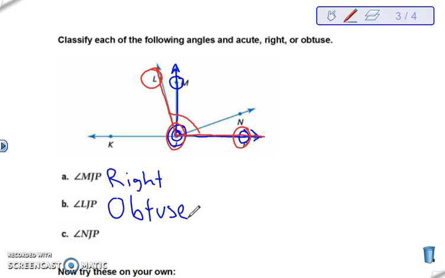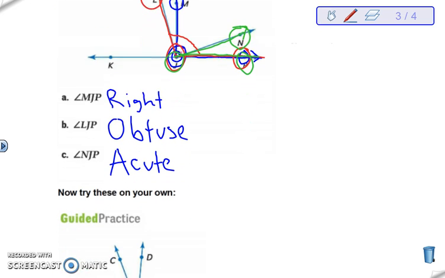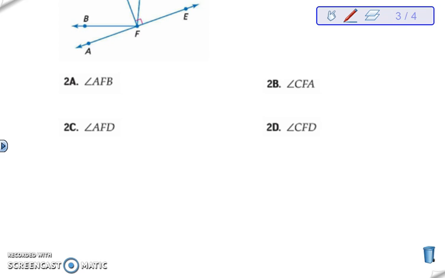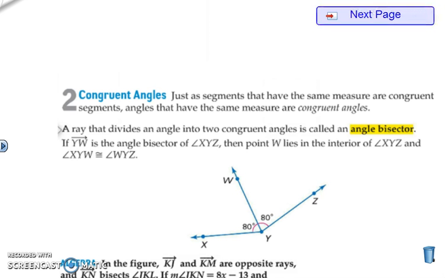Finally, NJP, so we got N over here, J over here, P over here, so we're going to trace. This is the smallest angle. This guy is smaller than the right angle we looked at in the first part, so that means this guy is acute. Alright, so you should be able to hopefully try the next few. Use the one we just did to help guide you.